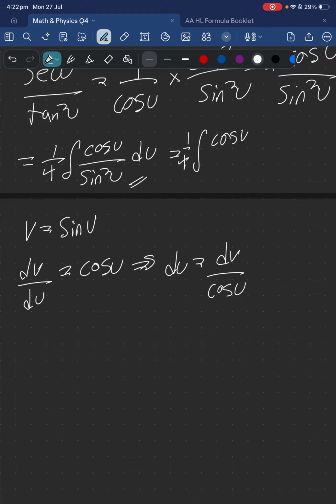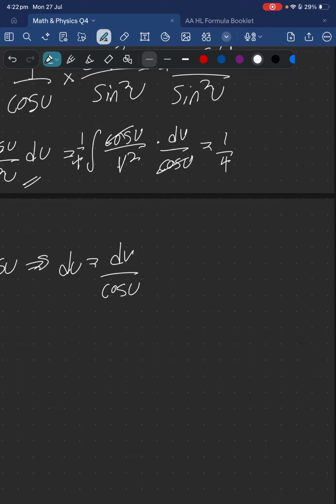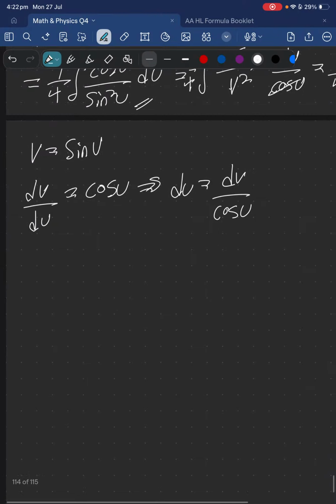So cosine u over v squared multiplied by dv over cosine u. Now we are just left with an integral that has a variable v, which we will integrate.